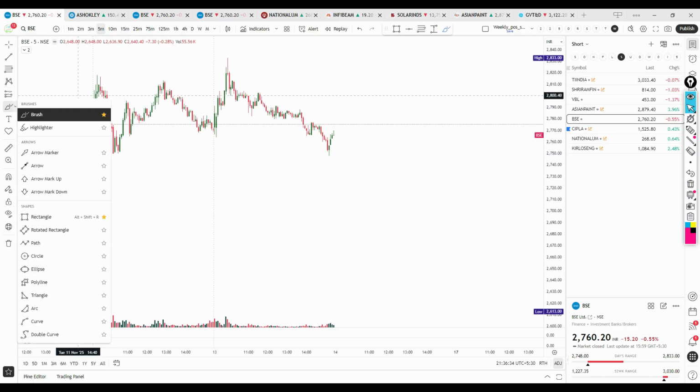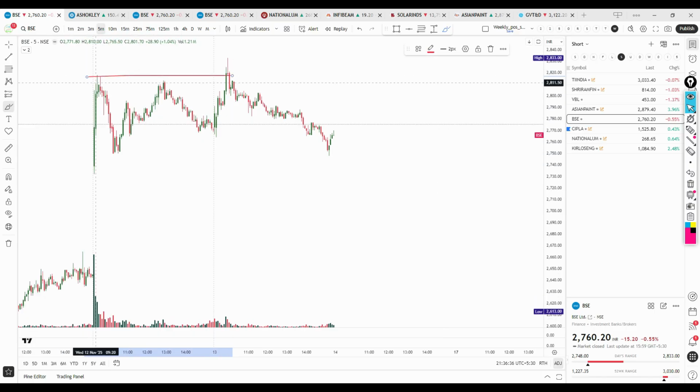Since there is a steep correction here, this is where the small leftover space was there. It recovered back again, it fell, recovered back. Whoever sold here, there will be a lot of stop losses.